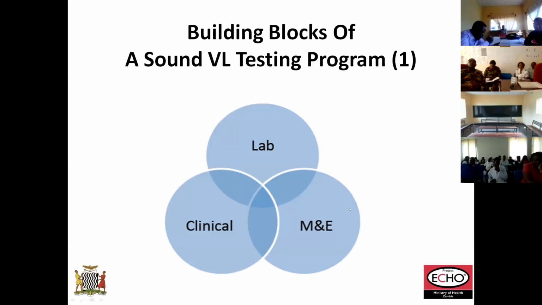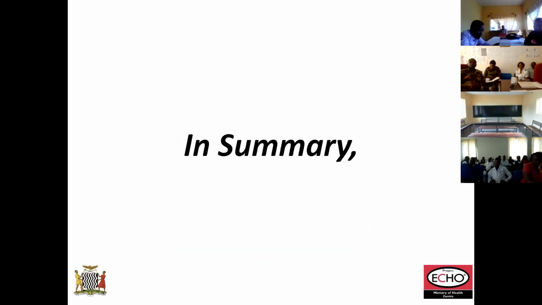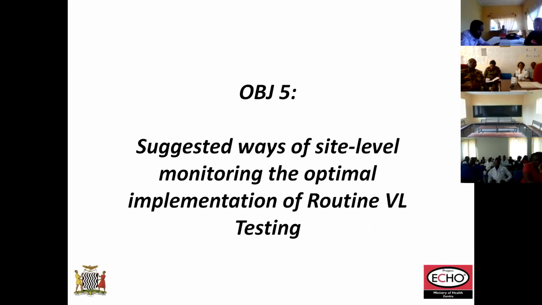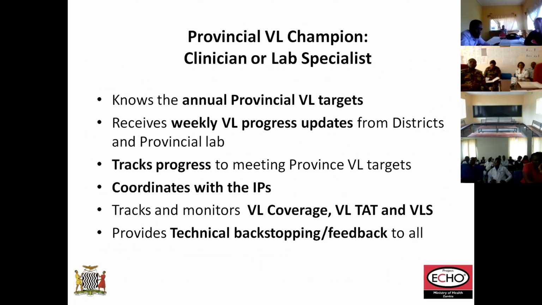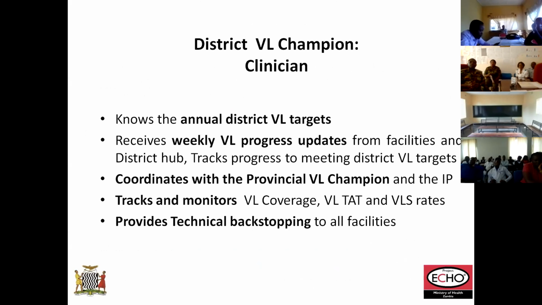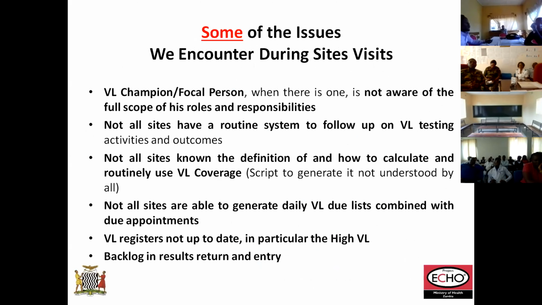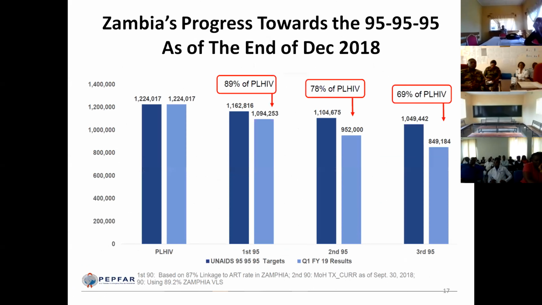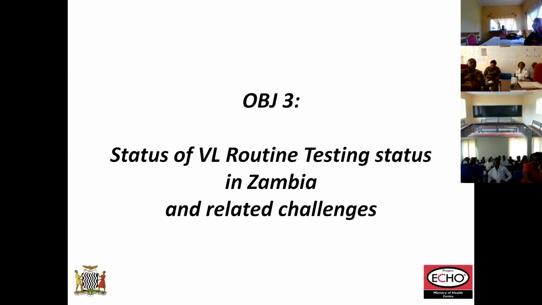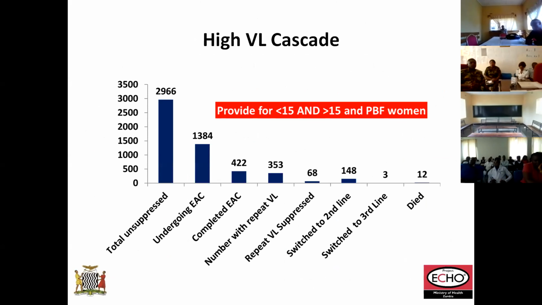And remember, if you do a viral load at initiation, you may show that a lot of your clients are actually failing. But these are patients who are actually not even on ART. So it's important that you pick those that have been on ART for at least 6 months. If you do it too early, you will show that a lot of your clients are unsuppressed. So there's a question from Yeta asking about this.